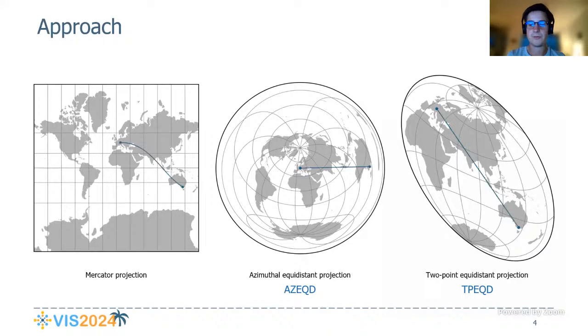And by using one or both of the transition's endpoints as projection nodes here, we can ensure that the geographical shortest path between the two locations is represented as a straight line without distortion. And this seems like a desirable trait for this type of transition.